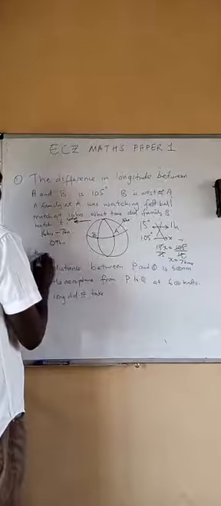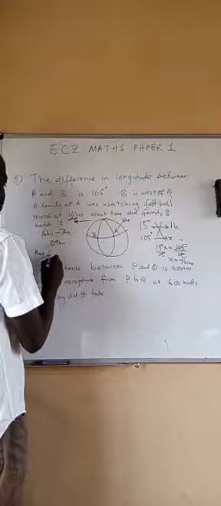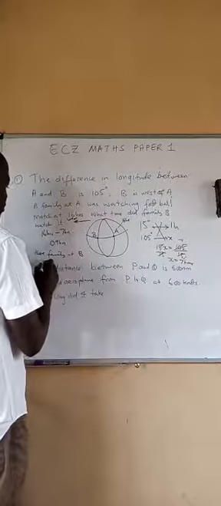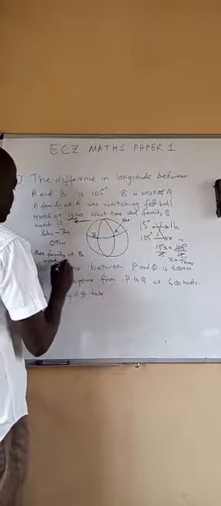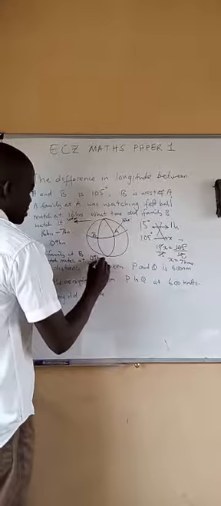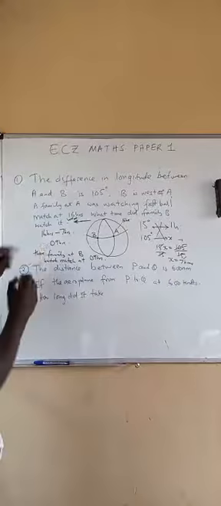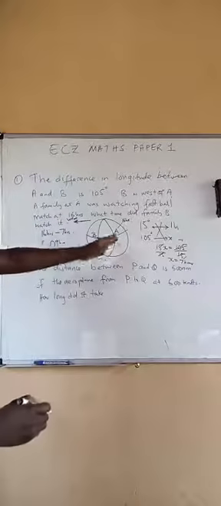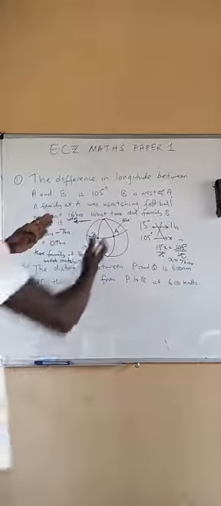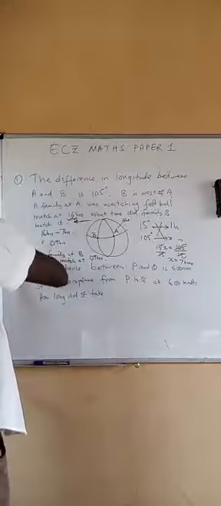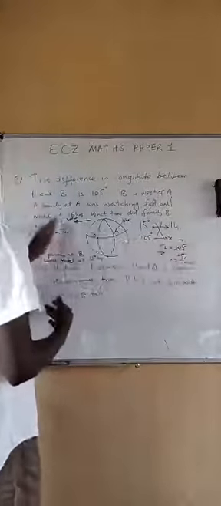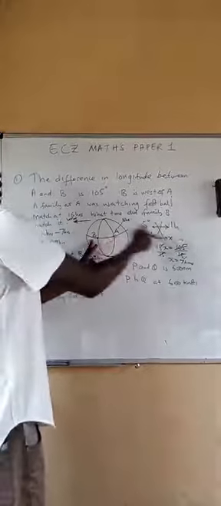Therefore, the family at B watches the match at 09 hours. That's how I got the 09 hours. You subtract the 7 hours from the 16 hours from A because you are going to the west side. Whenever you are going to the west, you subtract. If you are going to the east, you add, but we are going to the west. You are moving from A to point B and you are going in this direction.